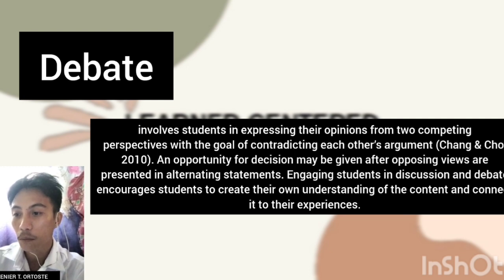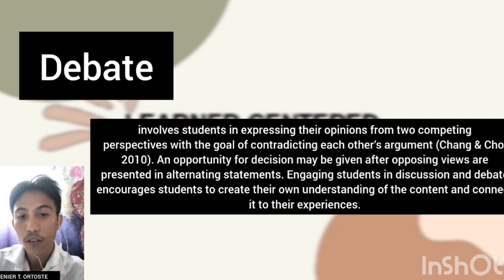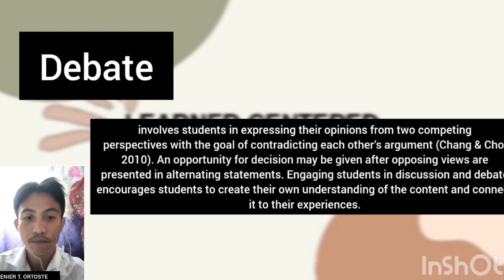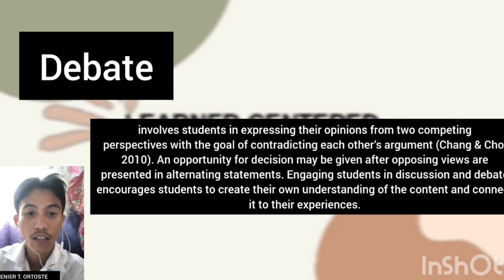An opportunity for decision may be given after opposing views are presented in alternating statements. Engaging students in discussion and debate encourages students to create their own understanding of the content and connect it to their experience. So we all know what the debate is talking about.